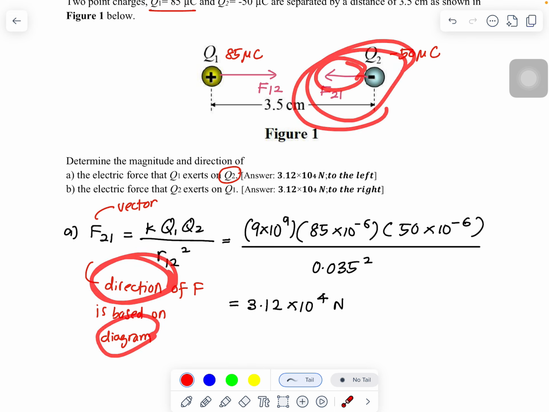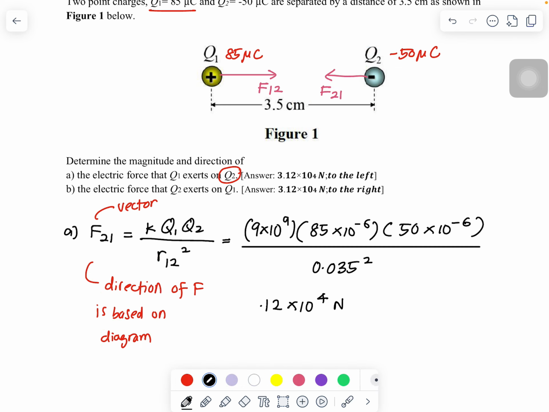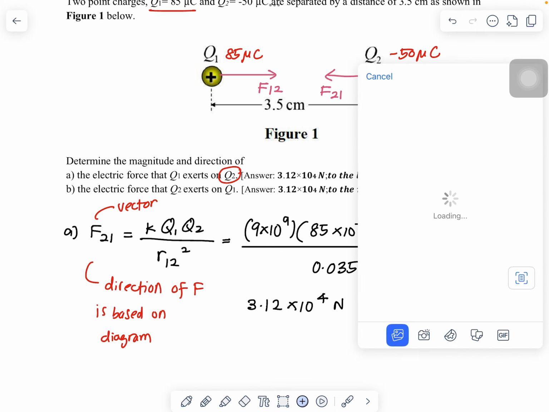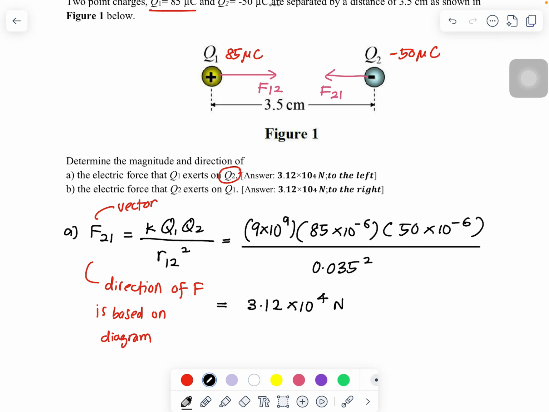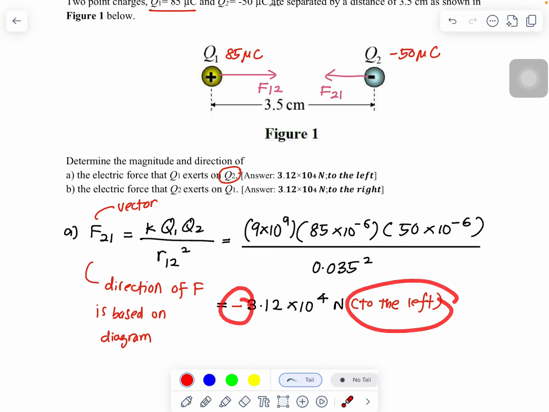F21 is to the left. So kalau dia to the left, it will be negative. So letak negatif di depan, lepas tu tulis statement to the left. Okay, ini direction ni wajib. Sebab dia minta force. So force mesti ada direction dan magnitude.